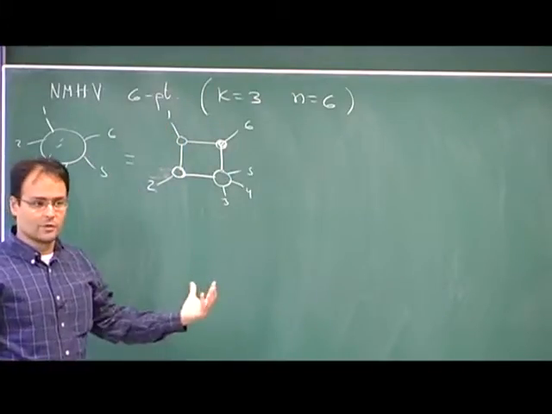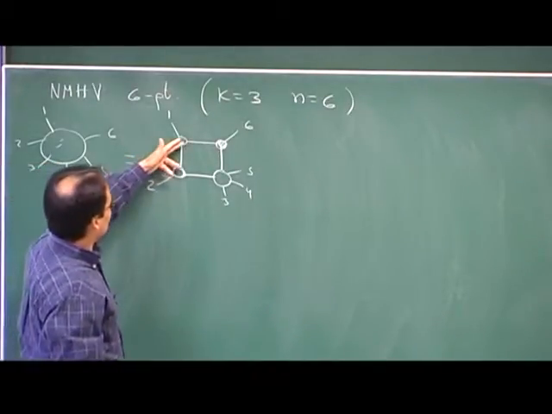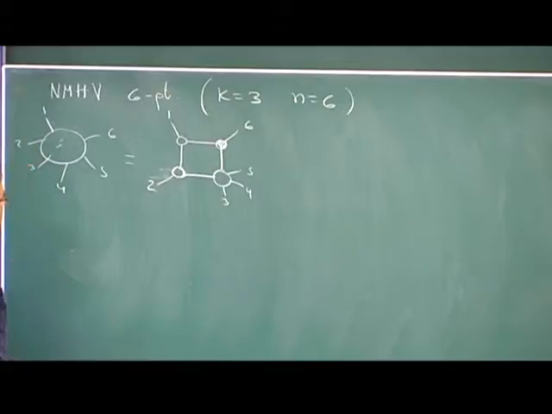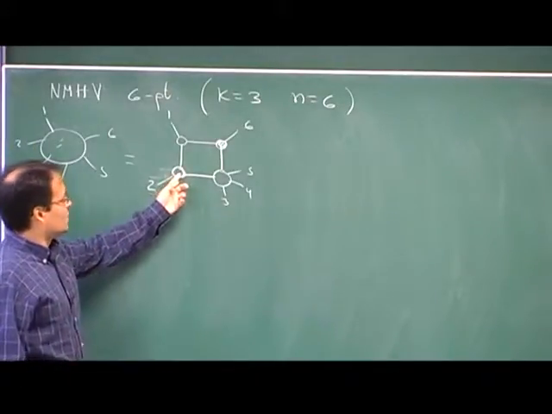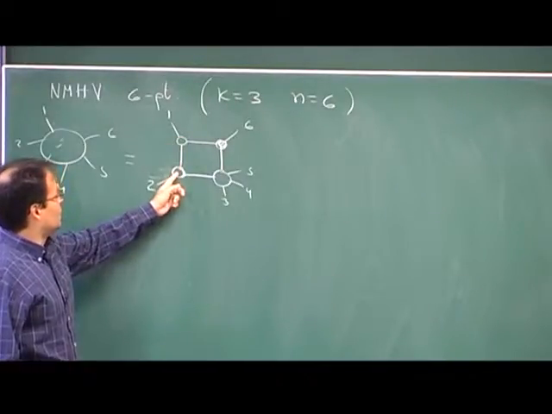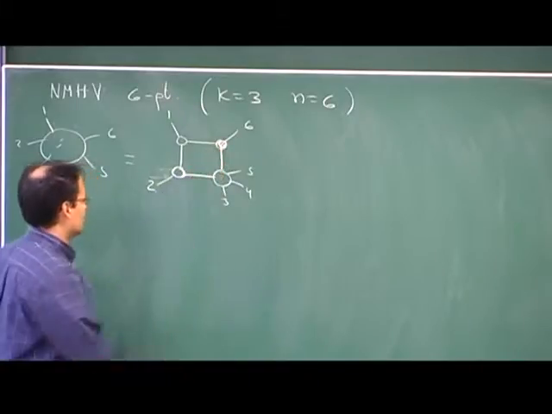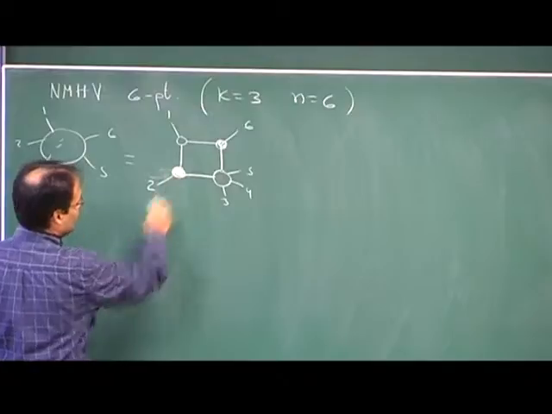So that would be a singular configuration. That cannot happen, or at least it would give us something that vanishes for general momenta. And we are interested in things that don't vanish for general momenta. So this guy cannot possibly be a white vertex like this one. It has to be a black vertex like this one. Okay. So there is a single possibility for the color of this guy.